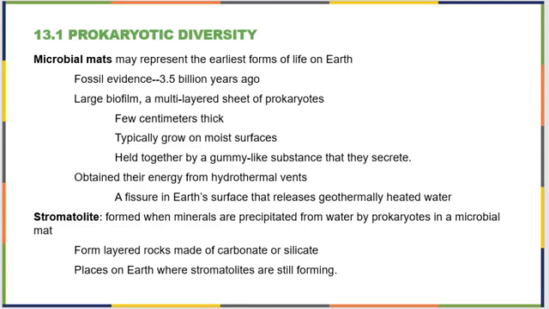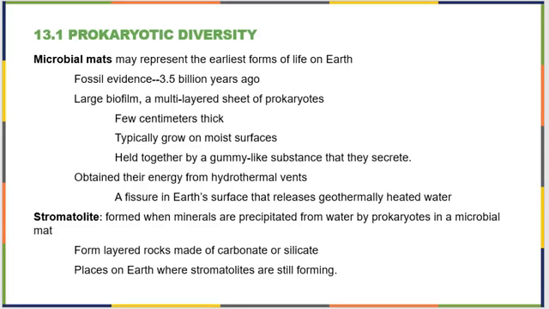Nowadays, we can look at some things created by these early prokaryotes, like those in stromatolites. Stromatolites are formed when minerals are precipitated out from water due to the actions of prokaryotes that live in microbial mats, so they pull the minerals out and concentrate them.